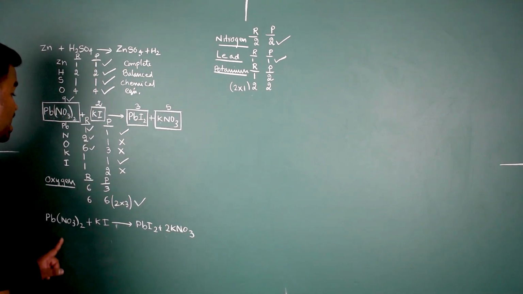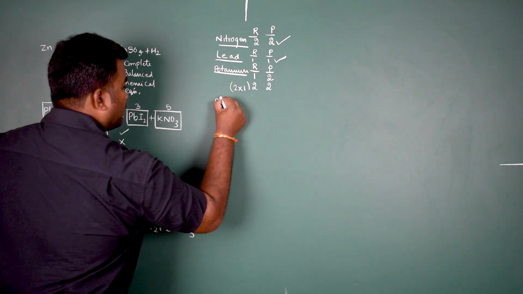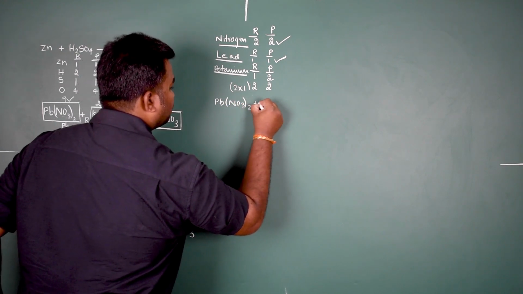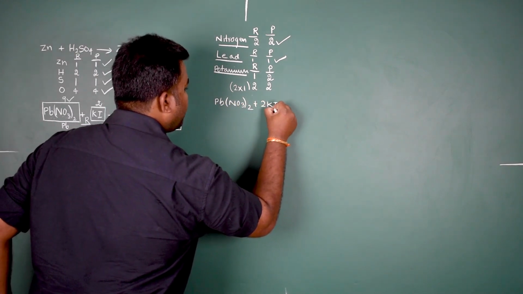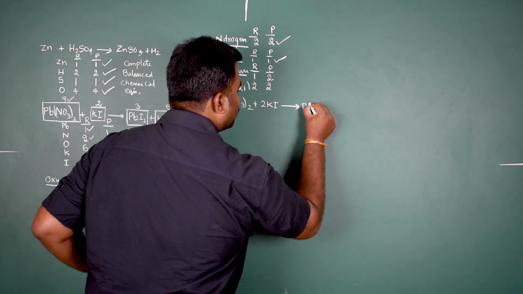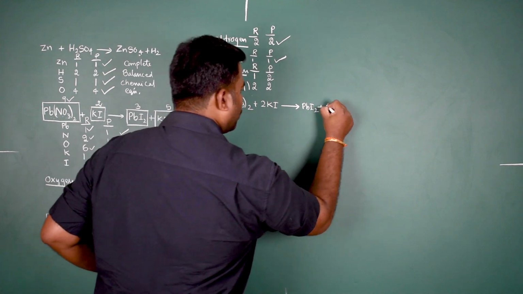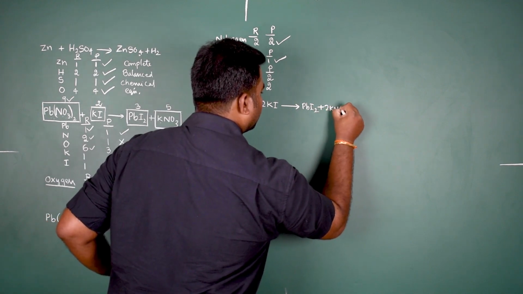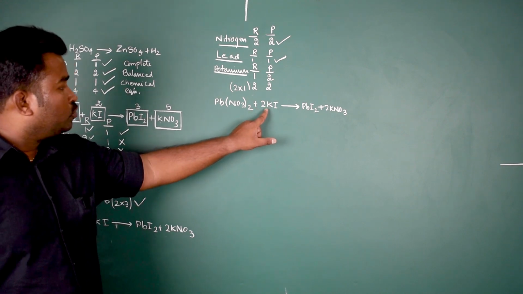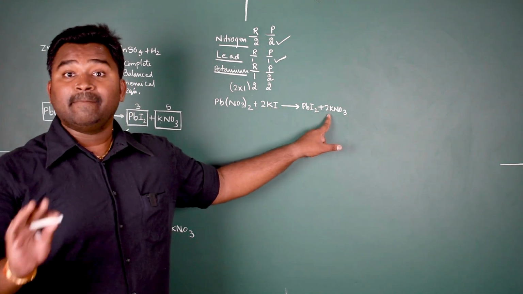So my new equation will become Pb(NO3)2 plus 2KI, which will lead to the formation of PbI2 plus 2KNO3. Now see if the potassium is balanced. 2 potassiums, balanced.